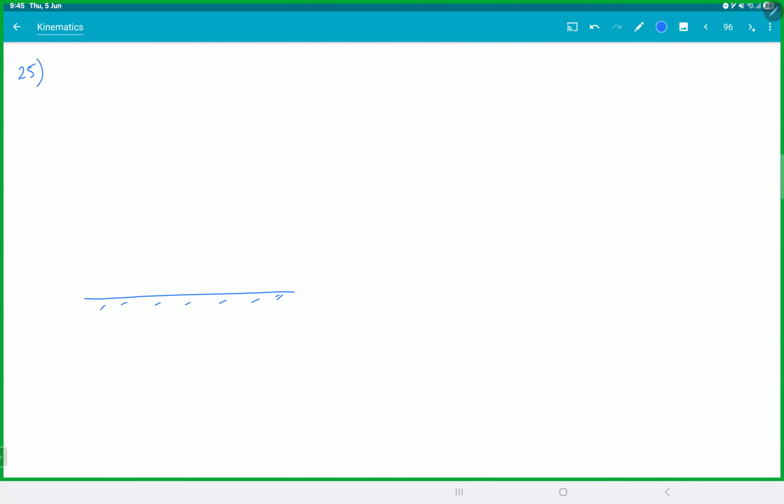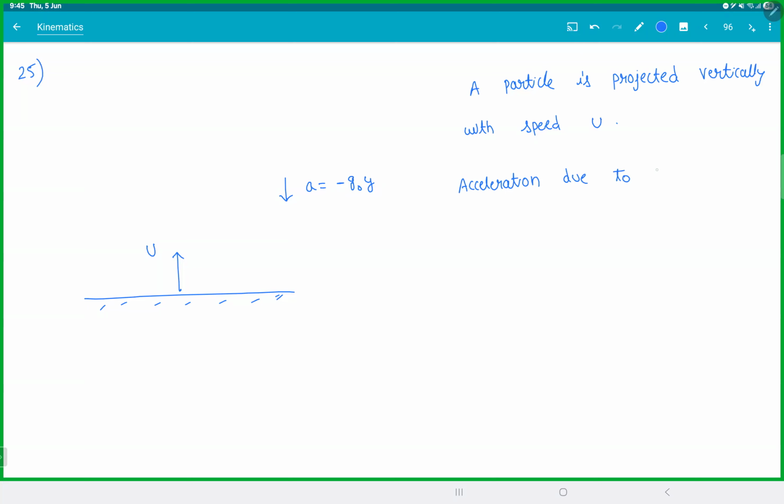So let's say the gravity is not constant. A particle is projected vertically with speed u, and let's say again another weird planet, the acceleration due to gravity, where minus indicates downward direction, is given by a equals minus g naught y.